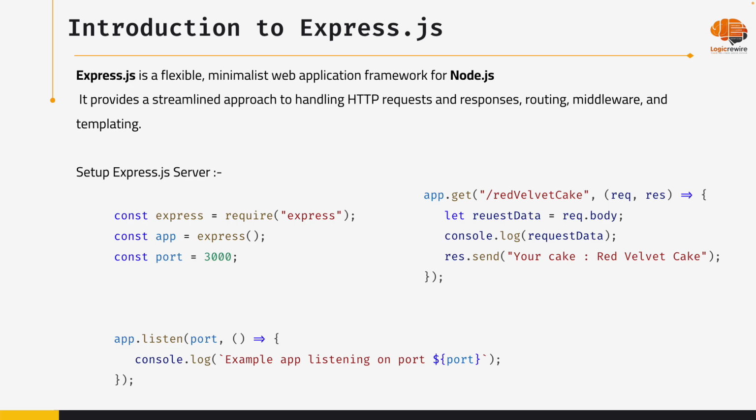Once the installation is done, we can go for importing the Express.js module. Got it? Once we import the Express.js module, we use its methods so that we can access all the features and methods available.